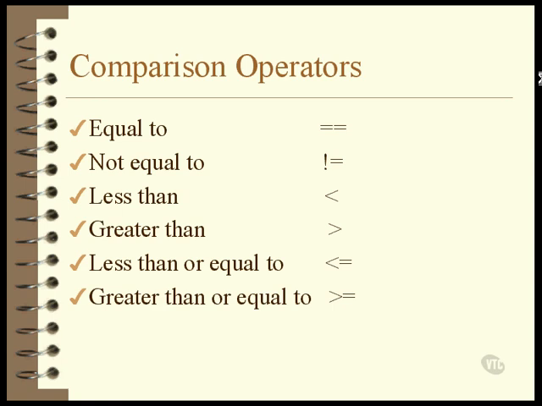The rest of the comparison operators look pretty much the same as they do in any programming language. The test is for the number on the left being less than the one on the right, or being greater than, less than or equal to, or greater than or equal to. You'll almost always find one of these in an if statement, or as the test expression in a loop to determine when the looping is done.